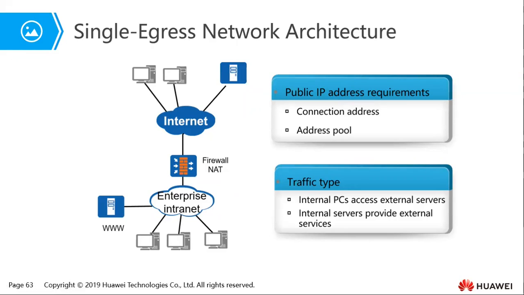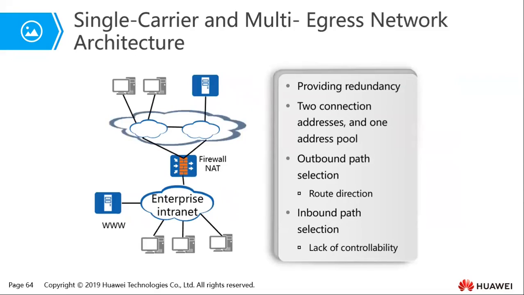Now, the next thing we are looking at in the next few slides is how you can implement what we've just discussed: the device, the type of link, and the NATing, for example. Here you can have a single egress. The next one we're going to look at is the single carrier, but multiple egress.